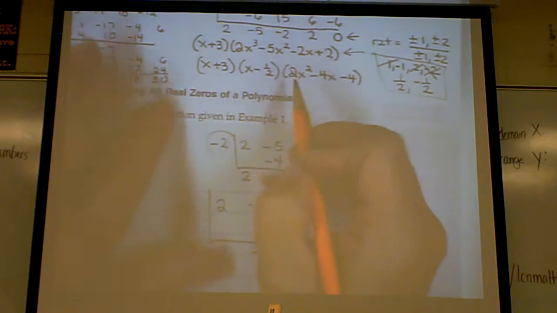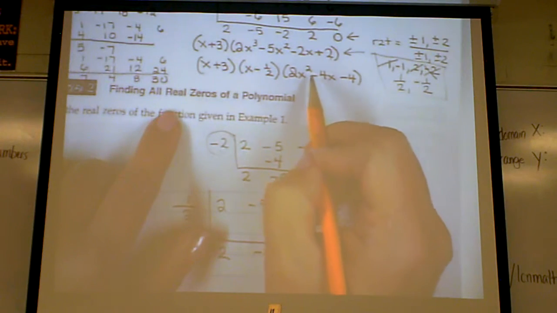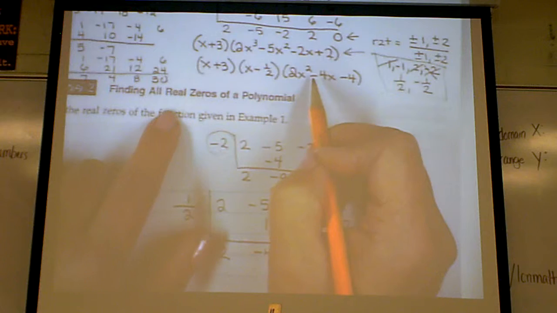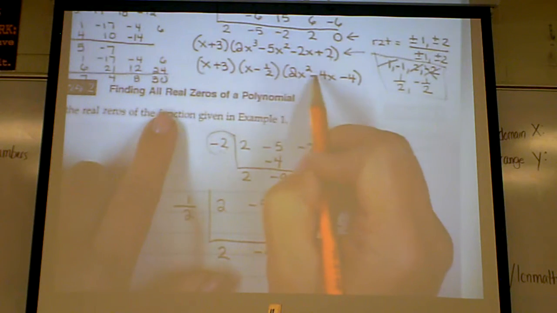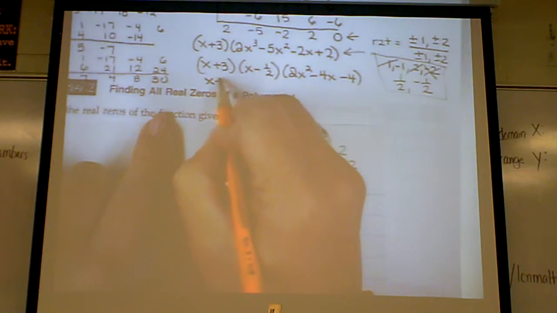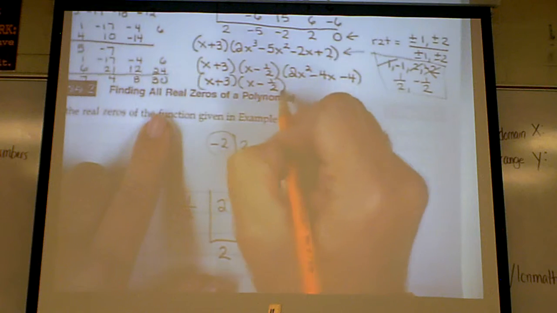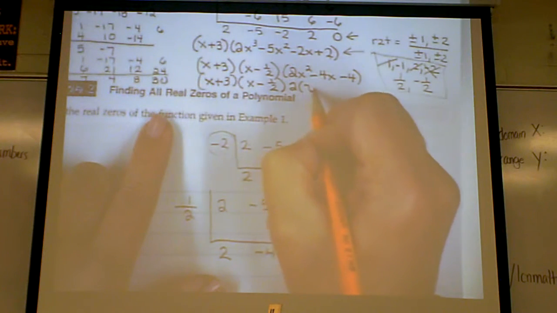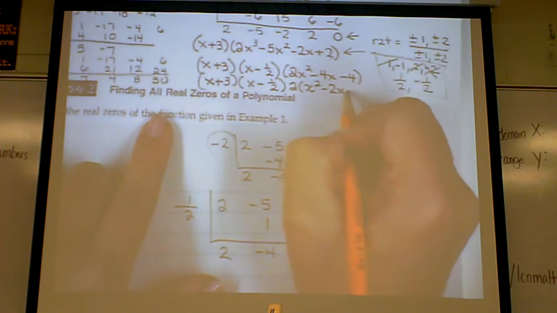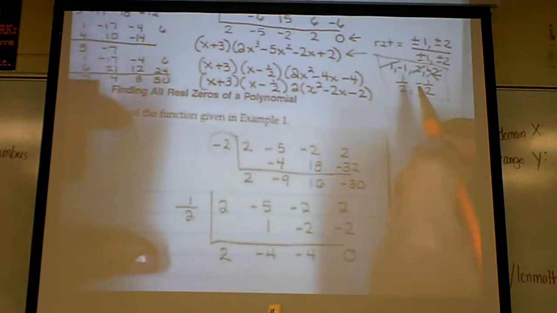Now, when you get to this point, you have an x squared. Use the quadratic formula. Can I take anything out of this? A 2. Let's take a 2 out. If you pull a 2 out, you got that.